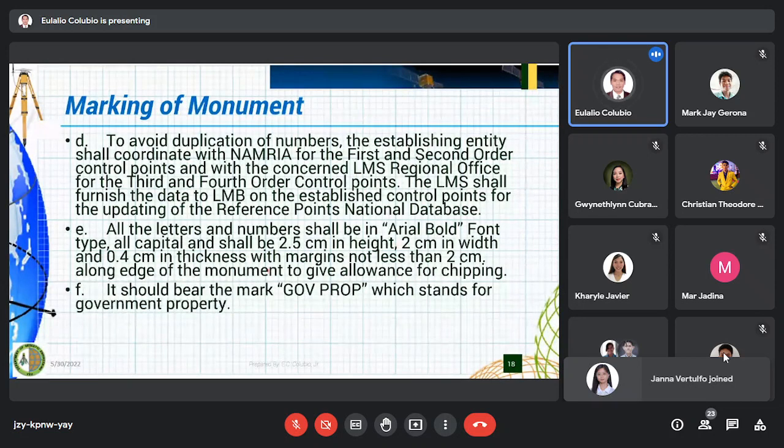And then the thickness. So mao ni ang gibag-on sa imong kada stroke sa imong letter, no? 0.4 centimeter. So magkatungha lang sa 1 cm, no? With margins not less than 2 centimeters. So kung ano imong pinaka edge sa imong monuments, so na kay margin nga 1 inch or 2 centimeters.